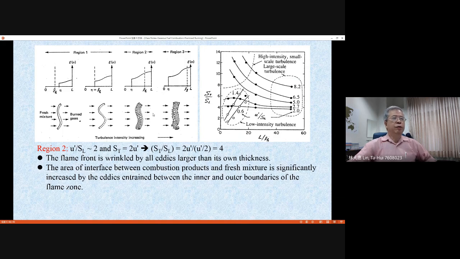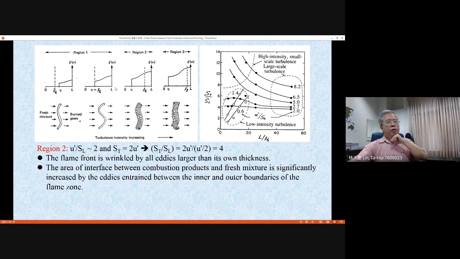For region 2, you find there is a certain amount of ADs with size smaller than the flame thickness. Okay, for region 1, you can see from eta to L there is a different size of AD existing in your turbulent flow, right? You have larger ADs, you have small ADs, but all sizes should be larger than the flame thickness.